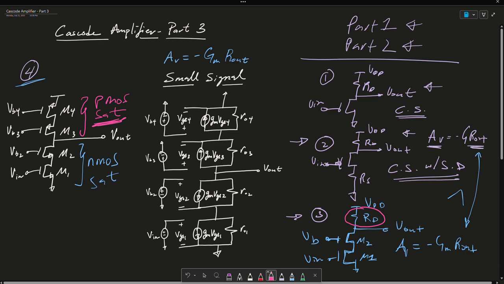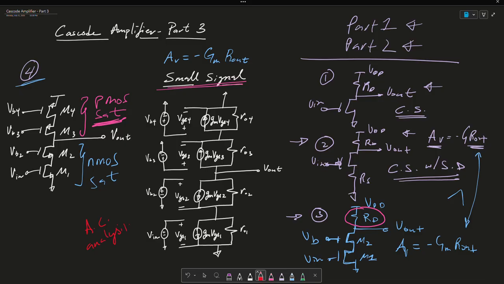Okay? So the small signal of this fourth progression is shown right here to the right, where we're doing the AC analysis of this. And the goal, again, piggybacking off part 1 and part 2, is to find the transconductance GM and the R out, or the output resistance, multiply them together and then negate it.